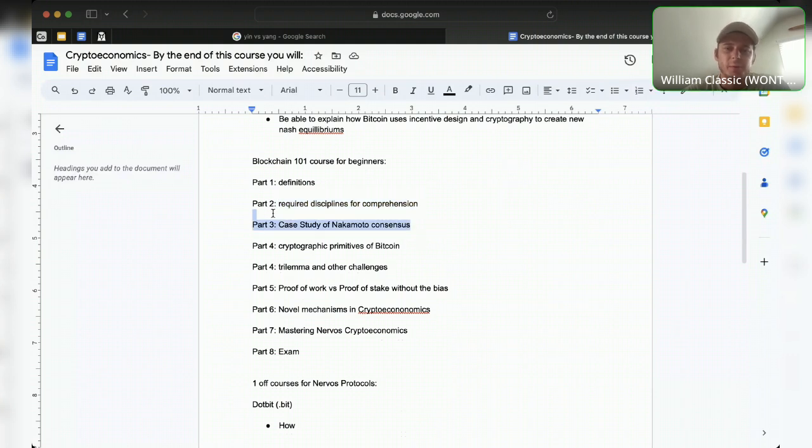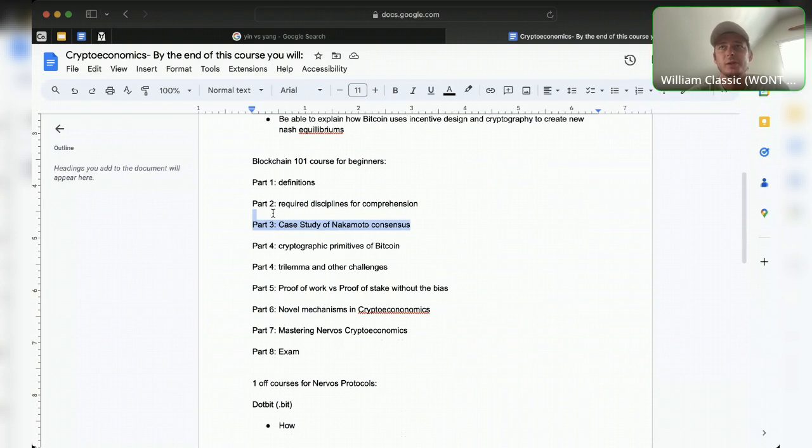Part 3 is going to be about Nakamoto consensus, and this is where we will use a lot of research from our team at Nervos because they have pushed the development, the advancement and the evolution of Nakamoto consensus.